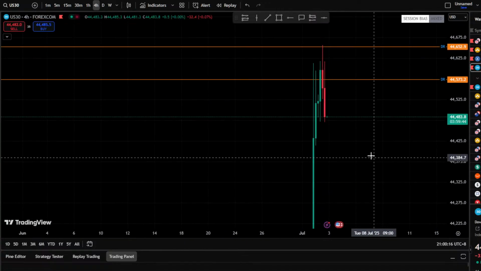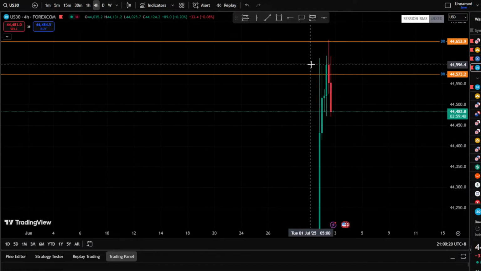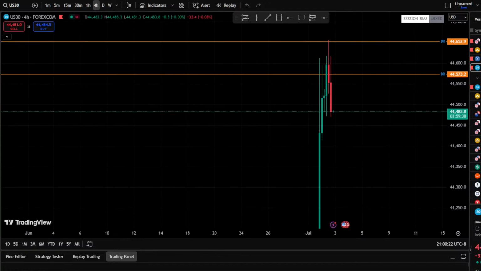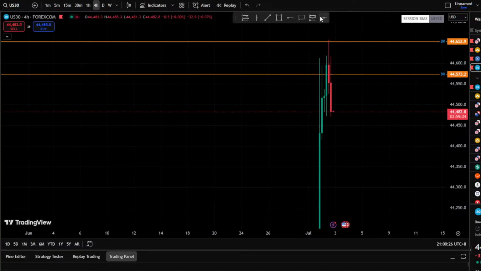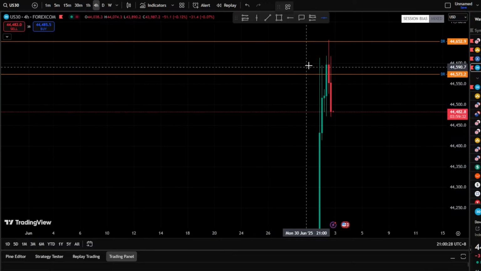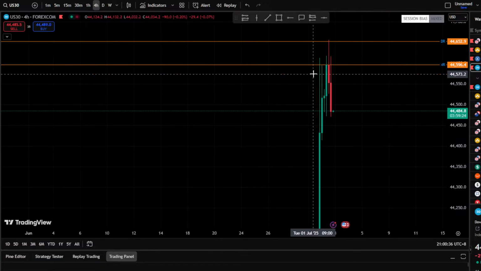For H, we are looking at price step there. For H, there's a level here. 56 pips. For our resistance, I'm gonna leave this for now.